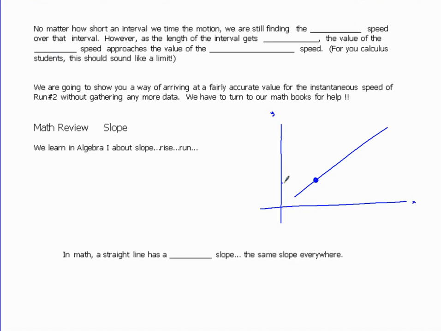Here's a point, and here's a point. And they both have coordinates. This is maybe x1, y1, and this one's maybe x2, y2.